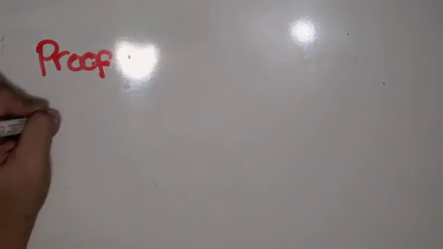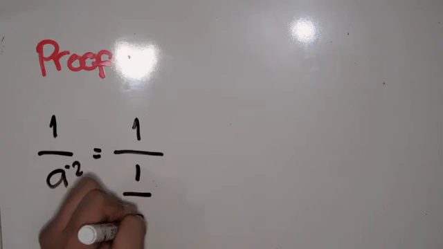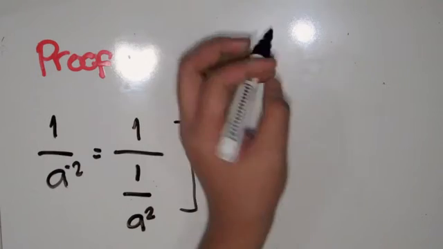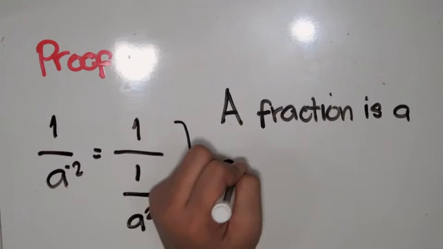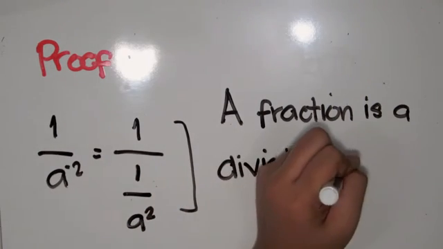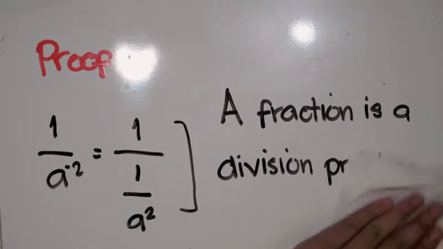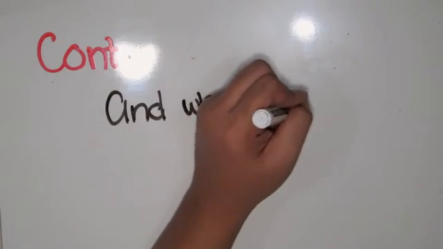Now I will show you the proof. 1 over a raised to negative 2 equals 1 over 1 over a squared. This whole thing said that a fraction is a division problem. And when you divide by a fraction, you must flip the fraction and multiply.